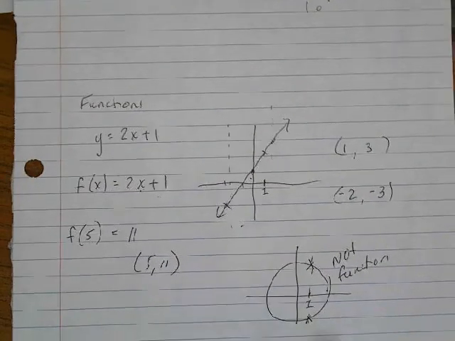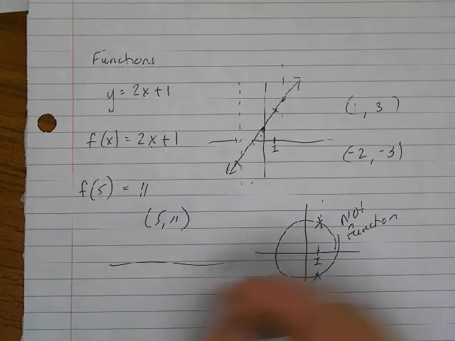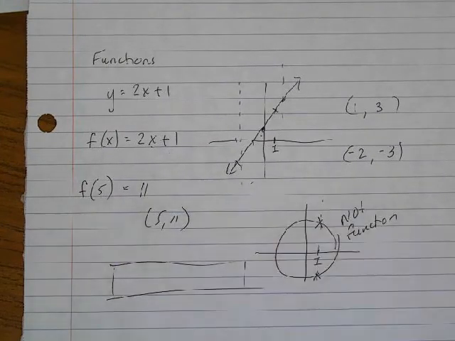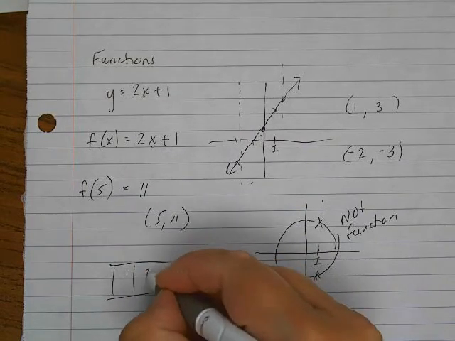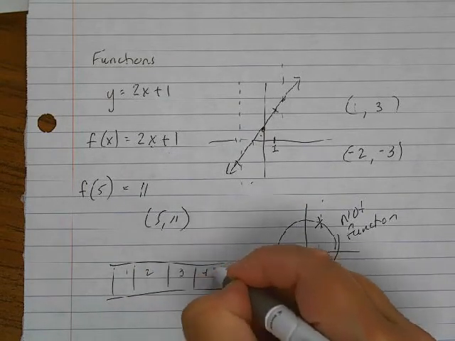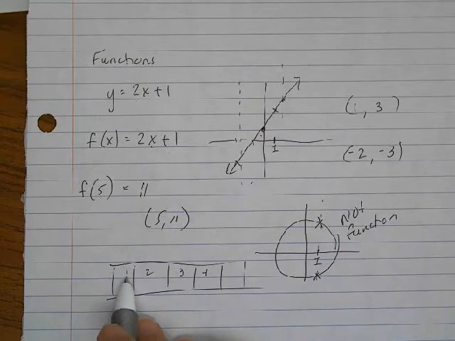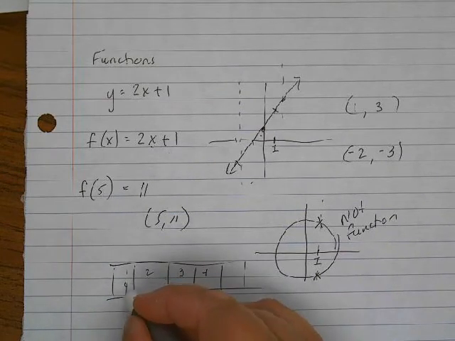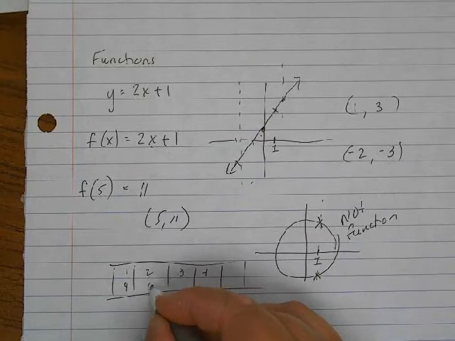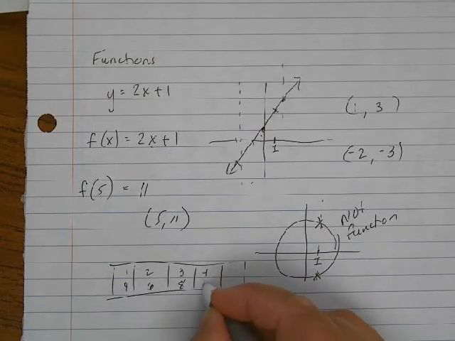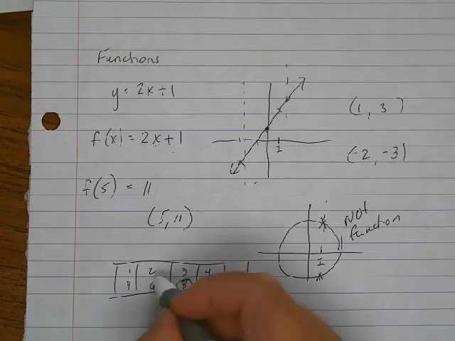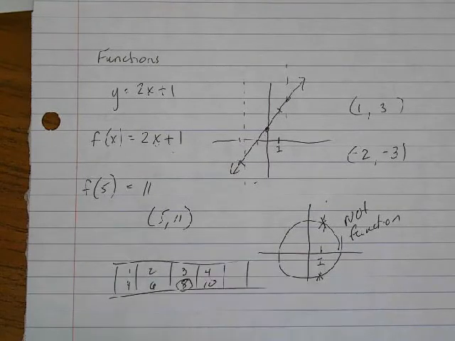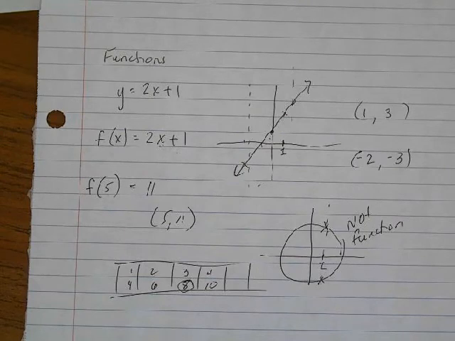So if we look at a table for a function, because we can have only 1 output for every input, if I have something that looks like this, I check my inputs. For the input 1, I get out 4. For 2, I might get out another number, something like this. But if one of these output numbers would go to 2 different input numbers, then it would mean it's not a function.